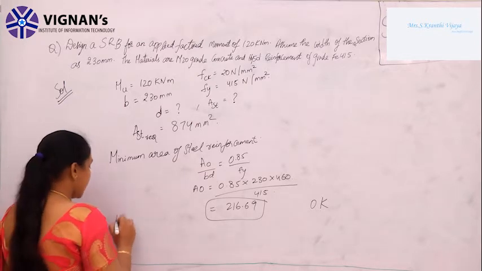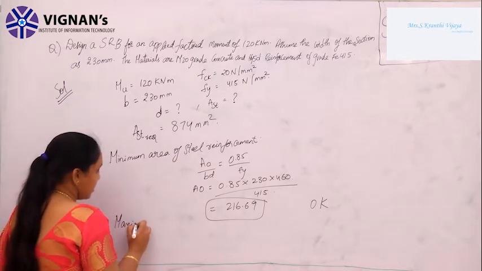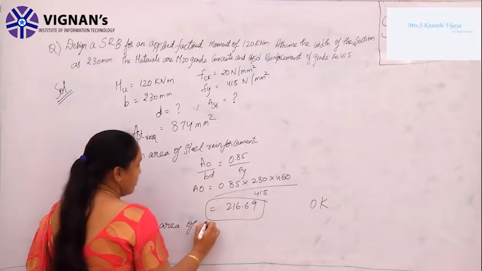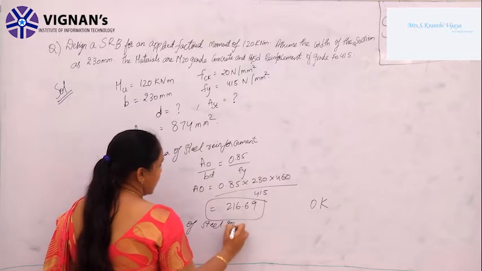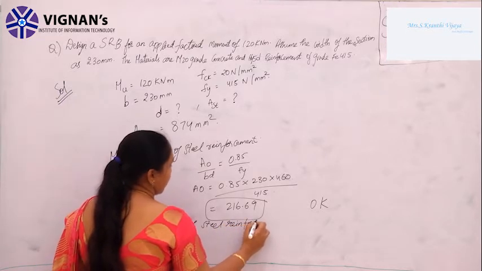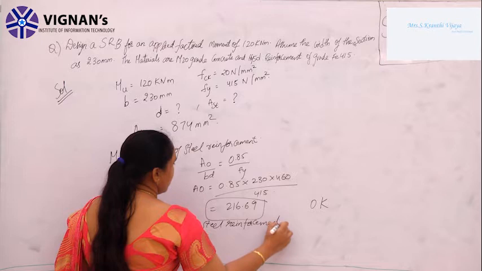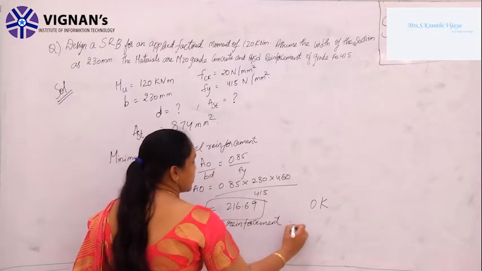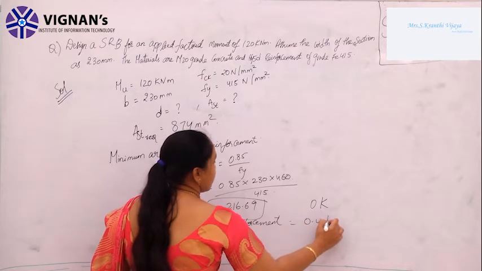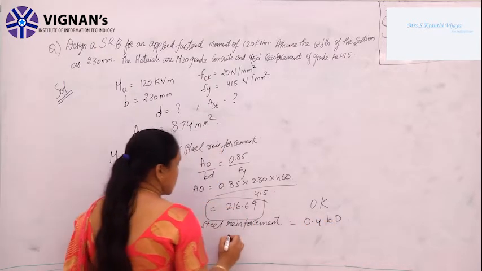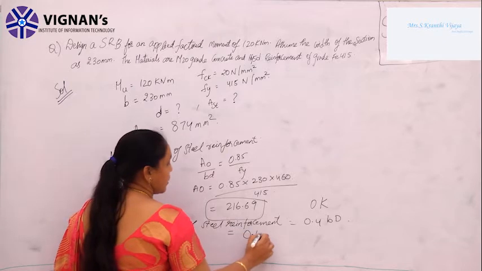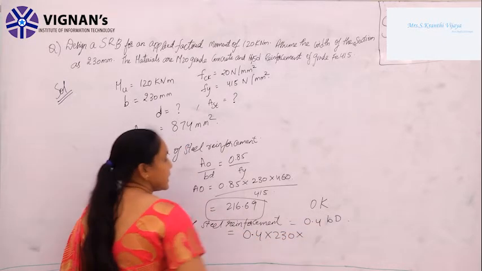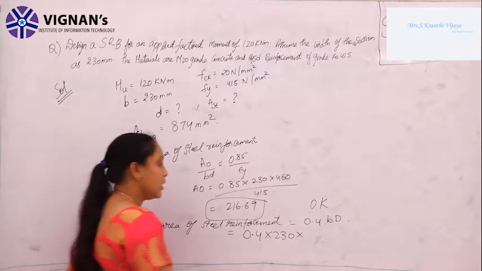Now, let us check for the maximum area of steel reinforcement. So, what is the formula? The maximum area for the steel reinforcement is 0.4 B into D. So, 0.4 into B here is 230 and D is nothing but the overall depth of the beam.